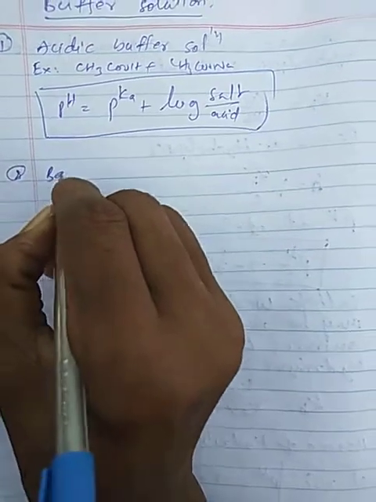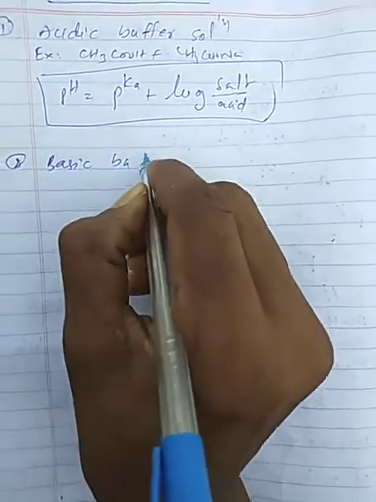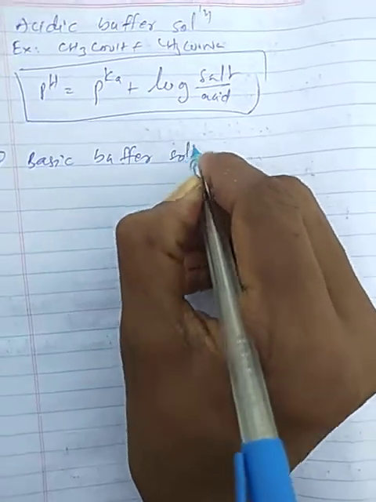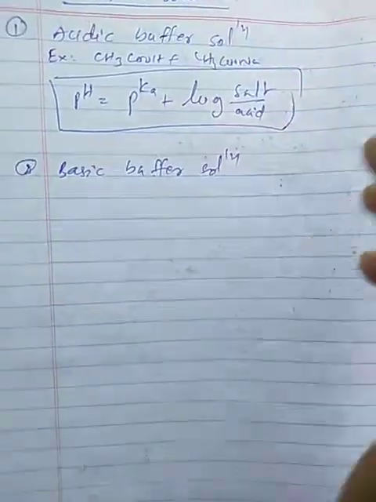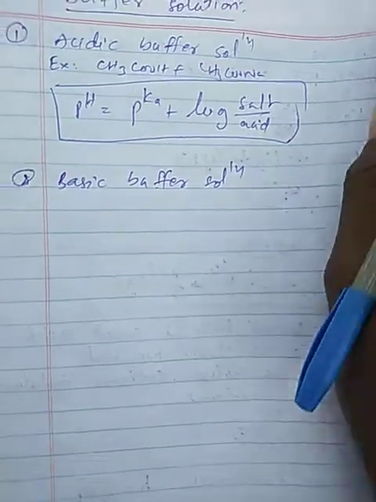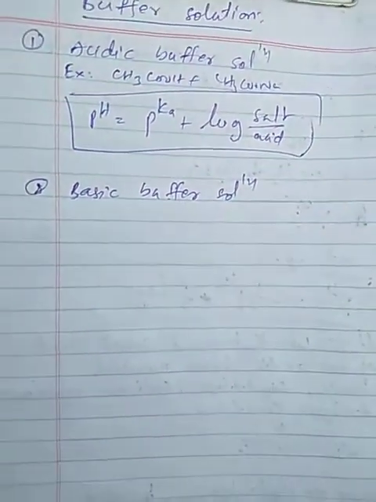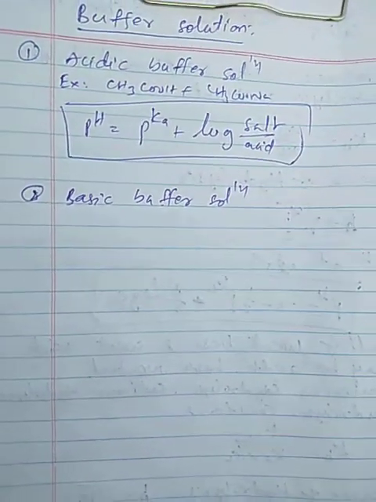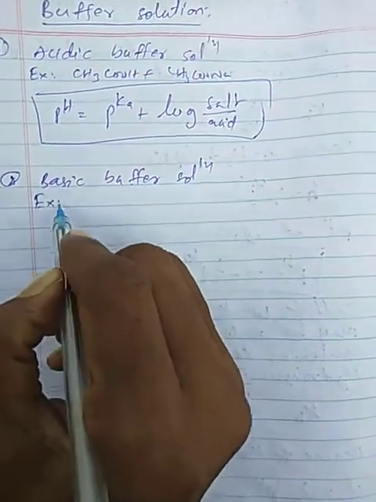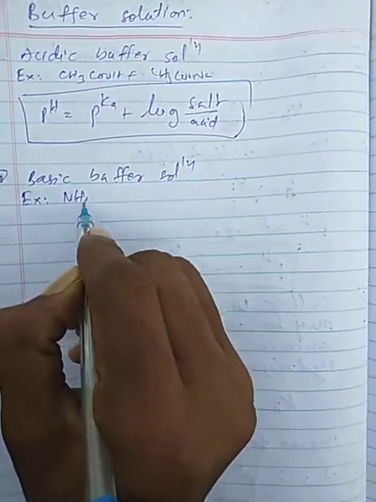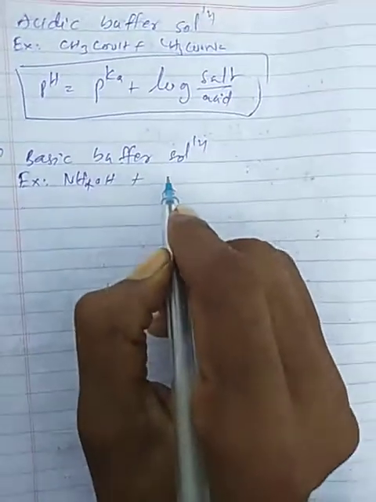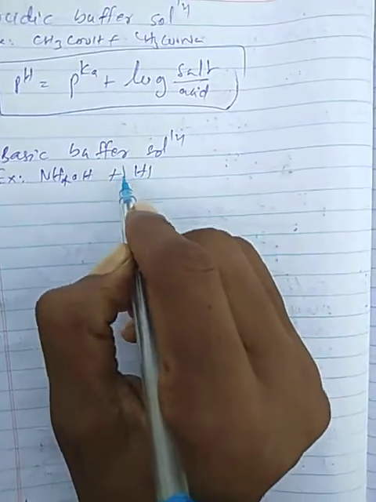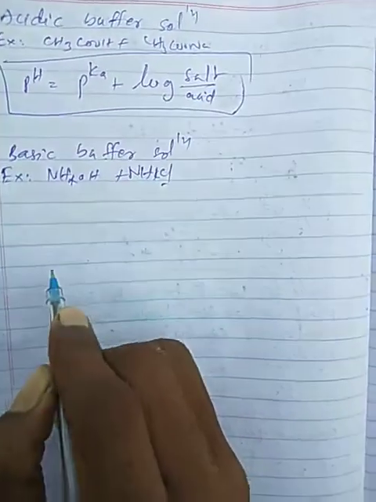Similarly, basic buffer solutions. What does it mean by basic buffer solutions? The mixture of weak base and its salt of strong acid is known as basic buffer solution. Example: NH4OH plus NH4Cl.